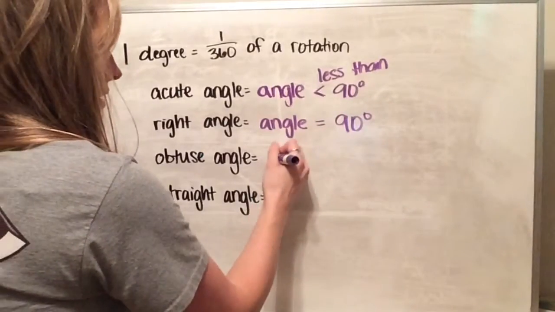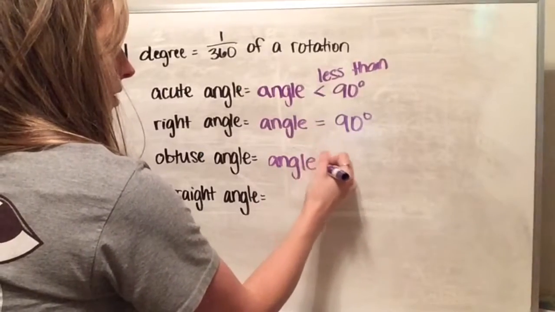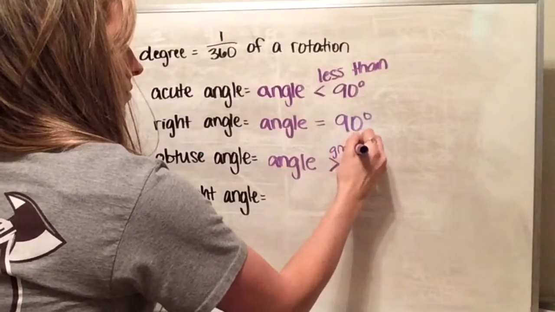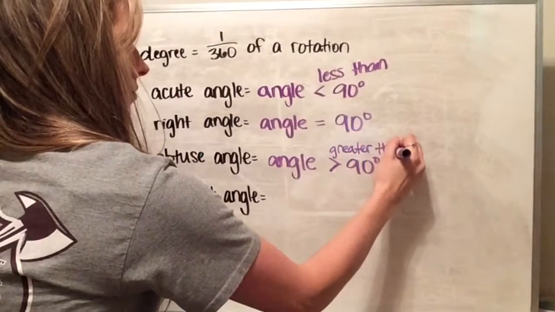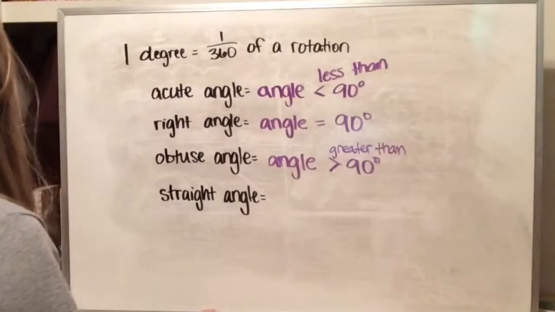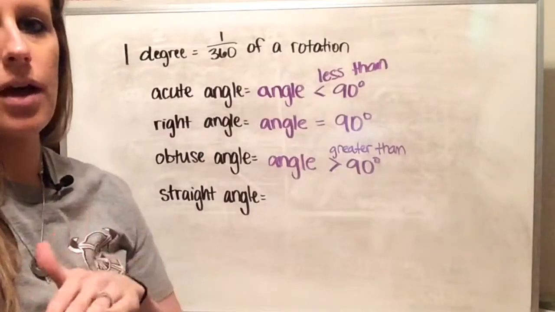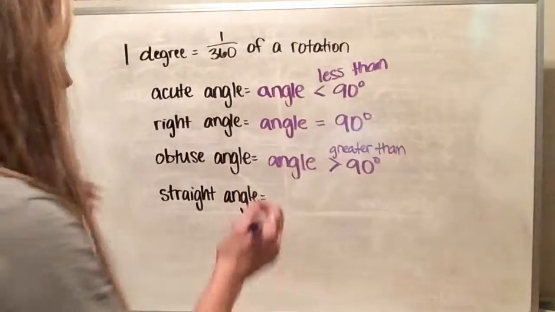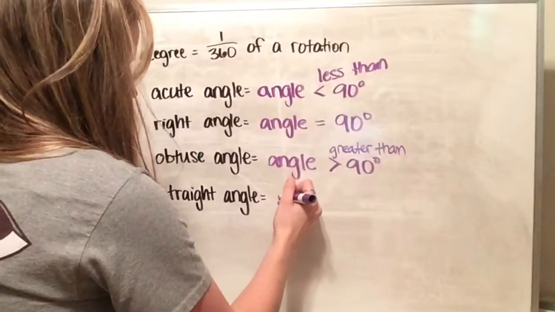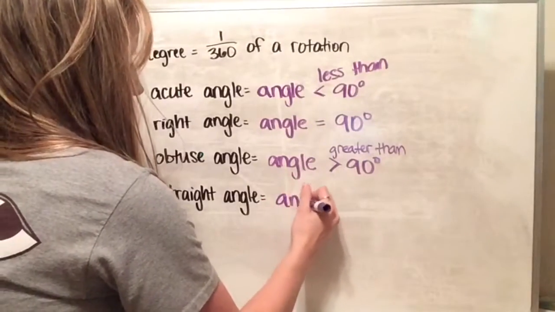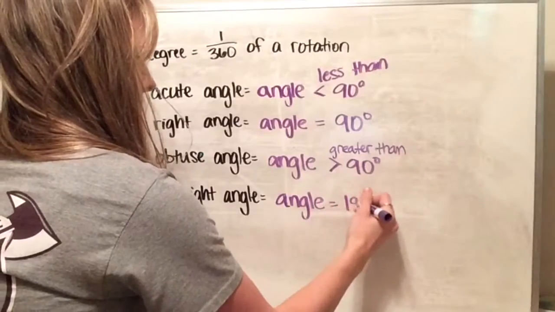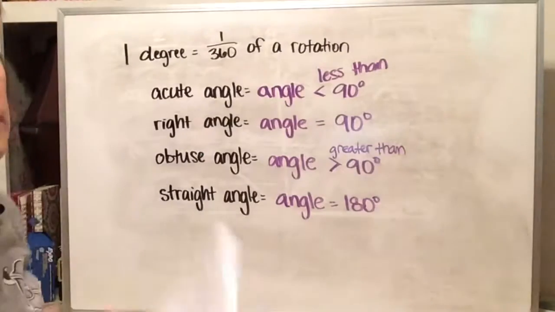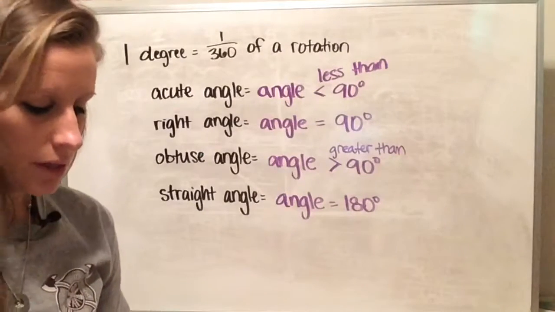An obtuse angle is an angle that measures greater than 90 degrees. Okay, and a straight angle, if you think about an angle that's straight across, that's going to be 180 degrees. So a straight angle is an angle that measures 180 degrees. Okay, so just going over some terms, making sure we're all on the same page.